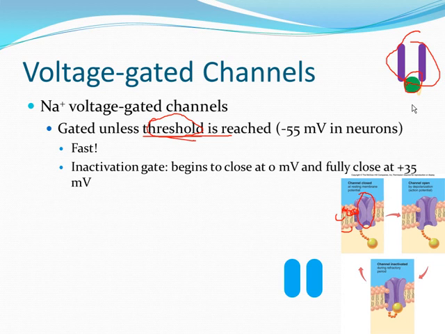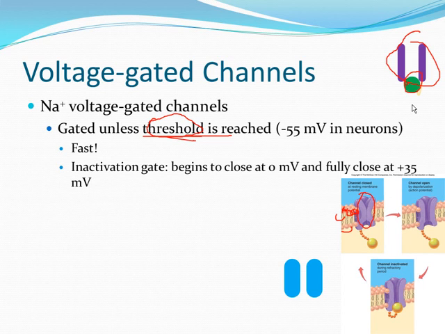If it blocks the sodium channel, then will sodium be able to go through it? No. Okay, so going back a little bit, when it opens and hits threshold, which way will sodium pass through? Will it be going out or into the cell? Concentration-wise, which side is greater? It's greater outside compared to inside, right?